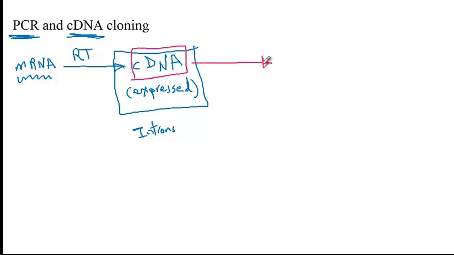We can next, in the next step, amplify the gene of interest, and this can be done by the polymerase chain reaction, or PCR. So PCR is an in vitro technique that amplifies a sample DNA using the DNA polymerase enzyme.